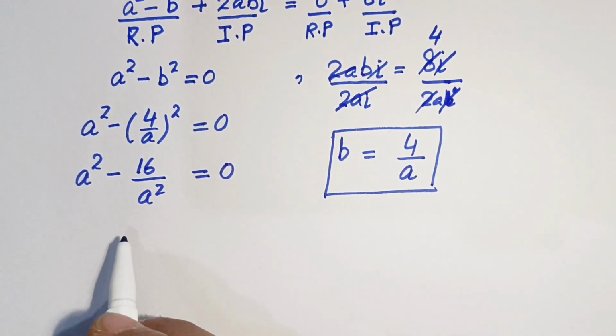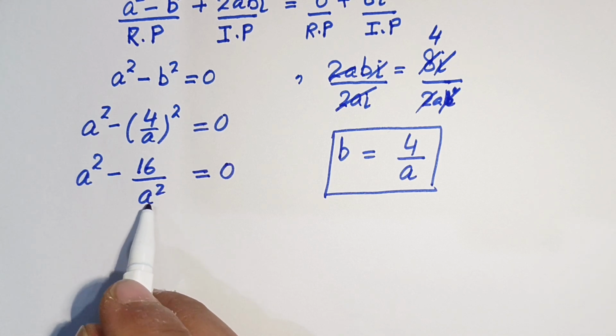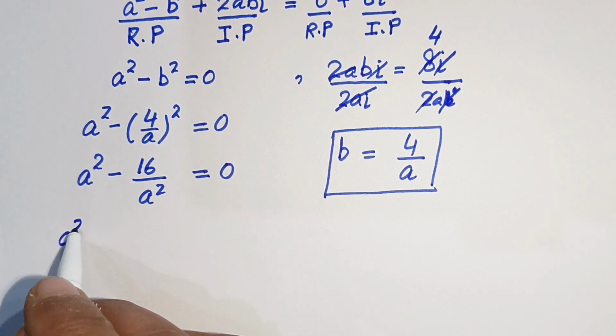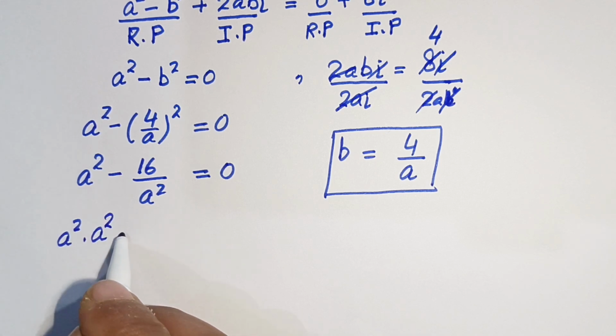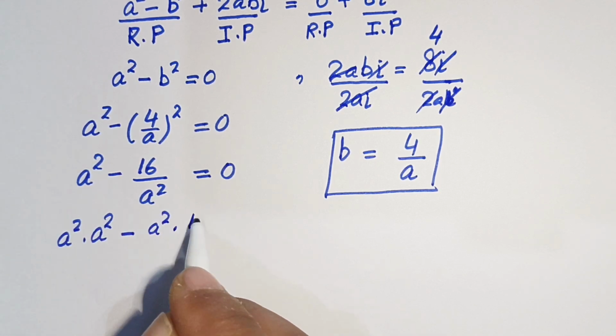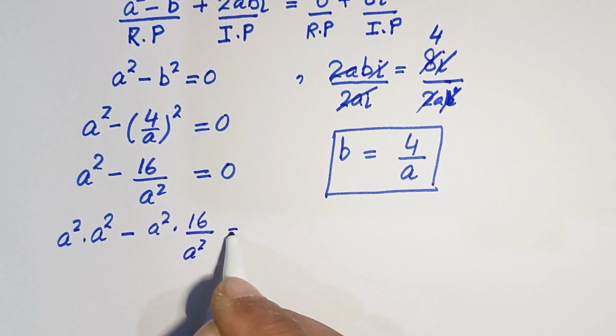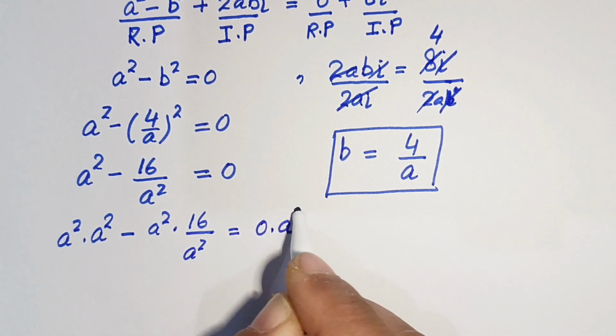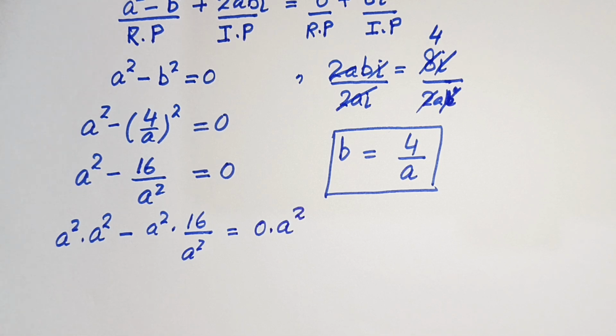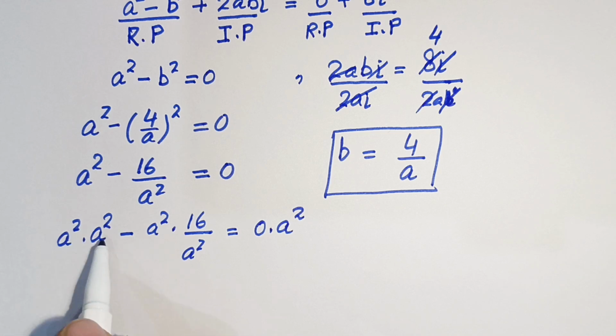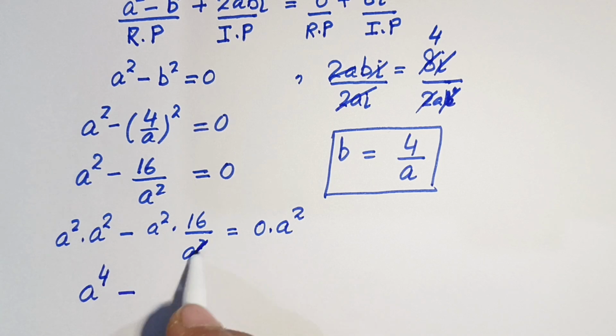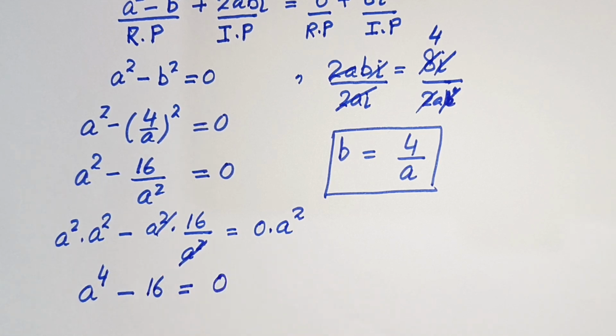Now if we multiply each term by a squared on both sides, a squared times a squared will be a to the power 4, and this a squared can be cancelled. So a to the power 4 minus 16 is equal to 0.